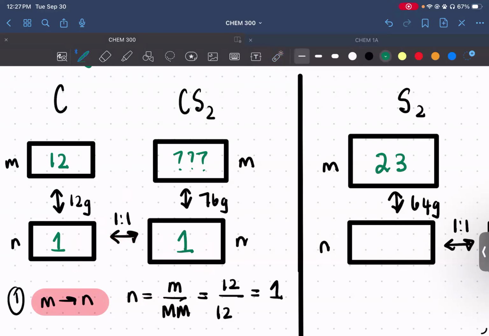Let's write the 1. Remember, I won't be looking at your scratch work. I'll only be looking at your final answer. If you're strong enough in math to do this ratio part in your head or on your calculator, no problem with me. Just make sure it's right. 1:1 is the easiest case, though. Finally, we're going to go moles to mass.